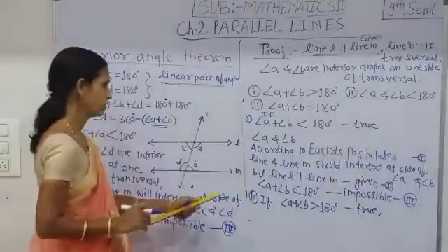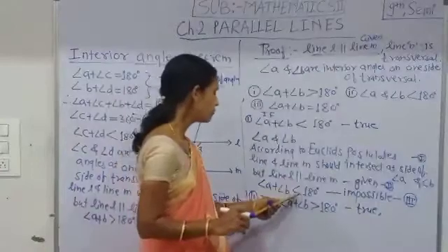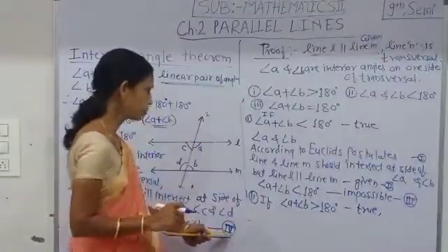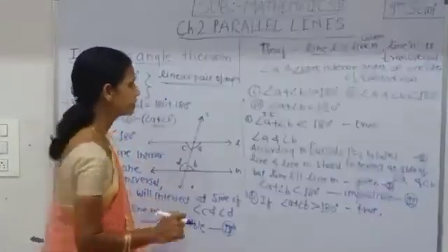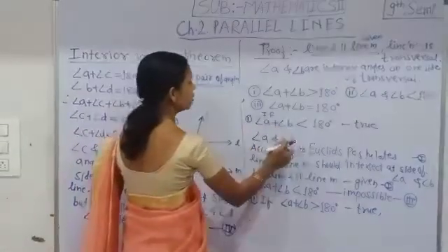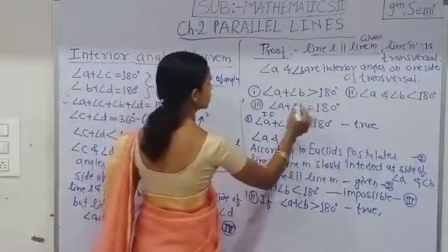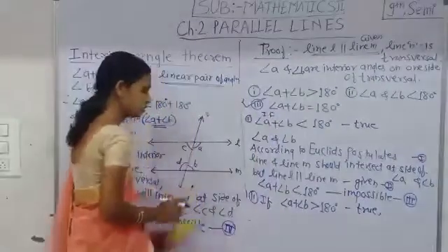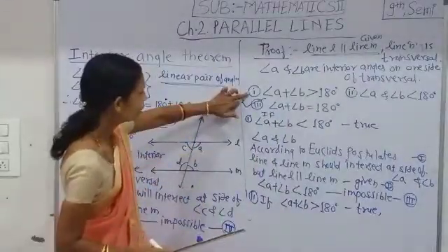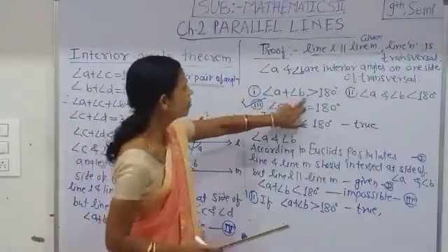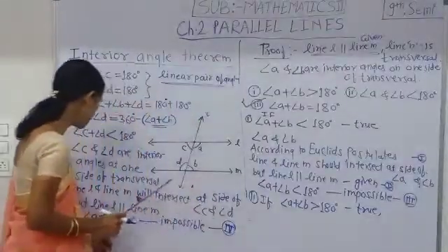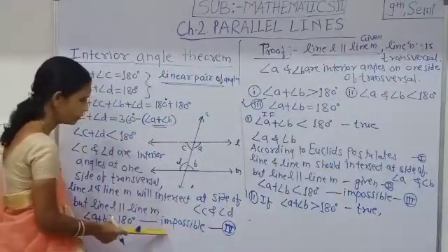From statement 3 and statement 4, it is now clear that angle A plus angle B is equal to 180 degrees, because statement 1, that angle A plus angle B is greater than 180 degrees, is impossible.